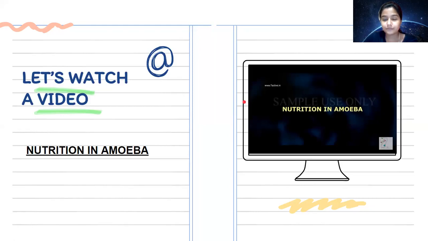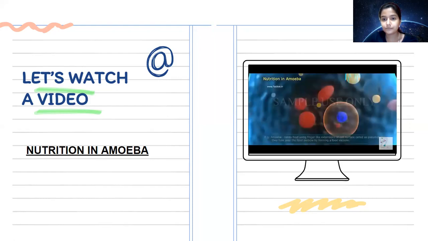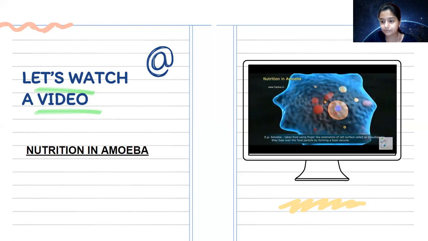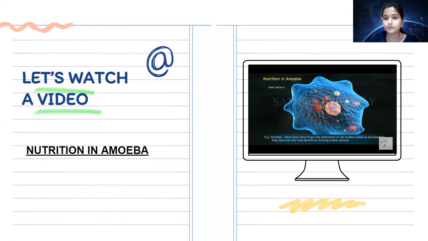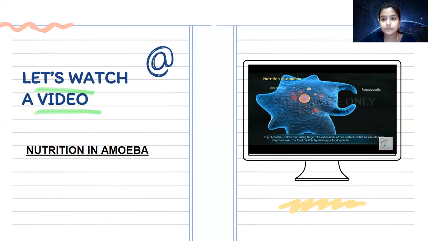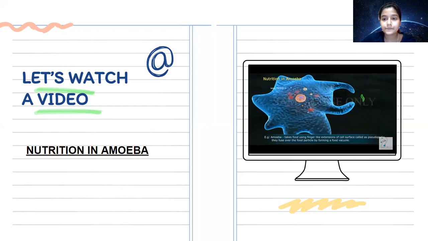Nutrition in amoeba. The food and its way of obtaining differ from organism to organism. For example, amoeba takes food using finger-like extensions of the cell surface called pseudopodia. They fuse over the food particle, forming a food vacuole.